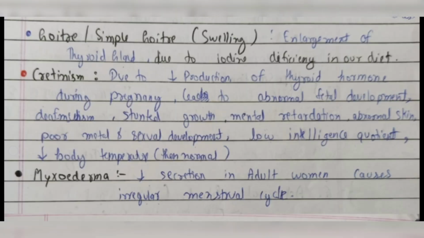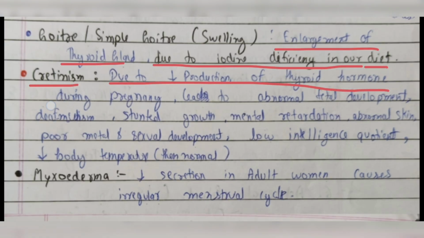So let's start talking about simple goiter. It is due to enlargement of the thyroid gland, which you could observe in people suffering from simple goiter. It is due to iodine deficiency in our diet, and hypothyroidism's cause would of course be its cause, as it is one of the effects observed in hypothyroidism. Cretinism, the second case given, is due to decreased production of thyroid hormone during pregnancy.